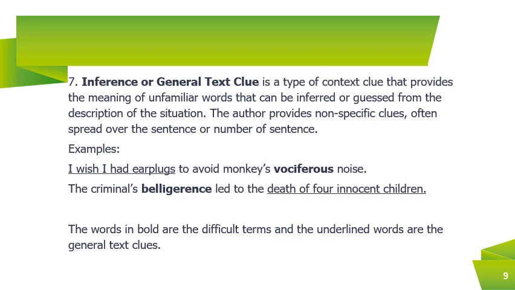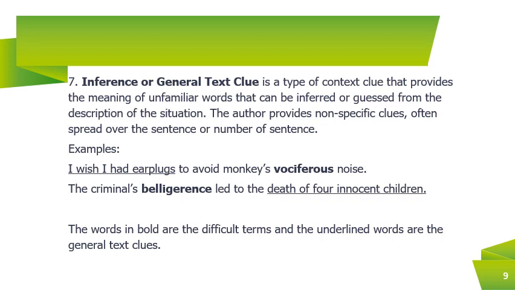You need to infer or to guess the description of the situation. So the author provides non-specific clues. So it's not obvious, often spread over the sentence or number of sentences.